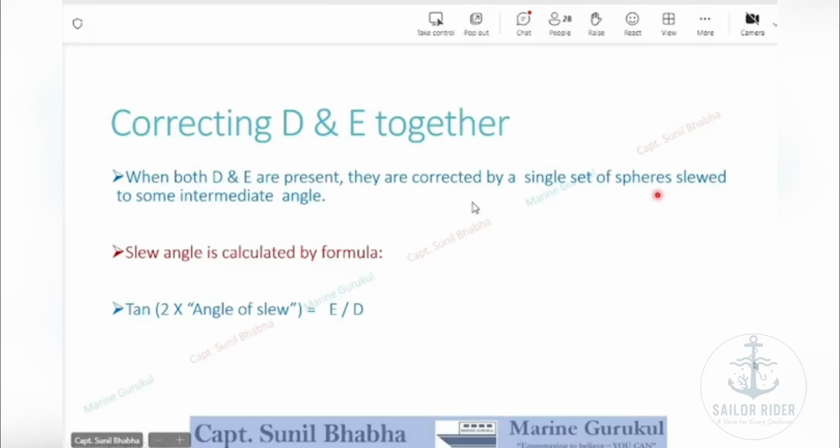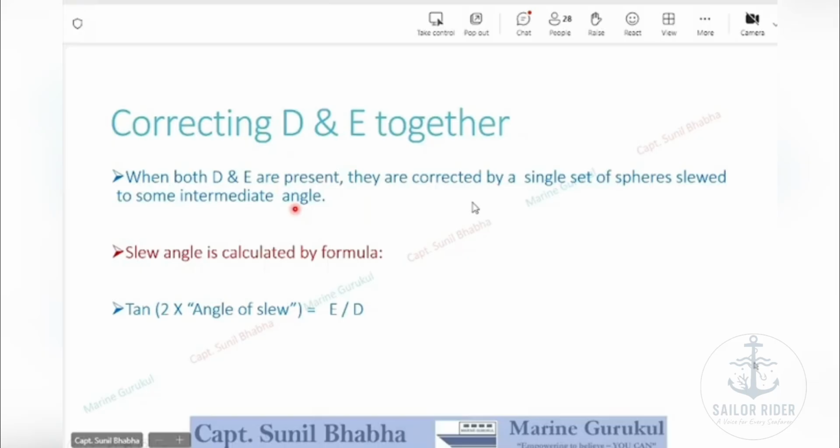Coefficient delta is corrected by placing the spheres in the athwartship direction. Epsilon is corrected by placing the spheres at a 45-degree orientation to the fore and aft line. But if both of them are present, they can be corrected using a single set of spheres which are slewed or turned to some intermediate angle in the direction of the resultant of both these coefficients.